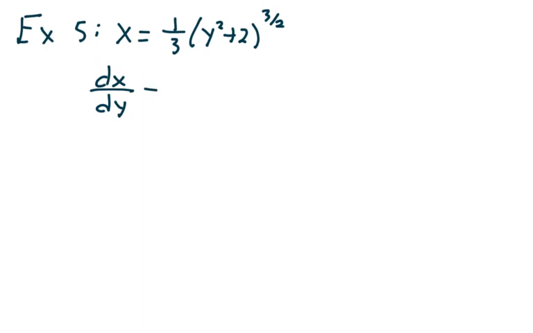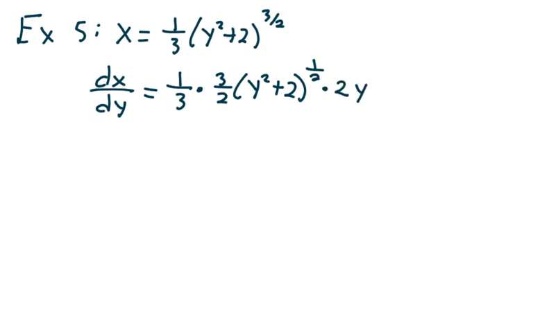So we want dx dy this time. So I'm going to take 1/3 times 3 halves times y squared plus 2 to the 1 half times 2y. So this is just chain rule. The 3's cancel, the 2's cancel. We get y times y squared plus 2 to the 1 half.